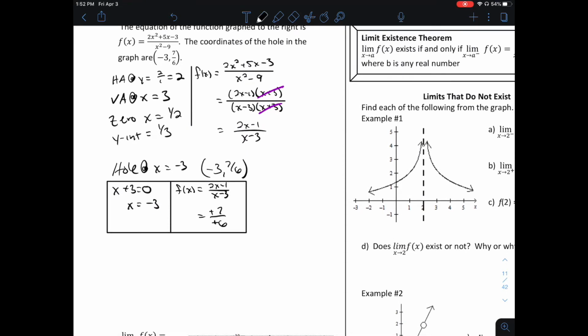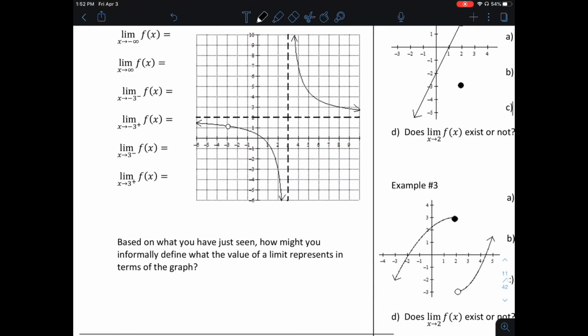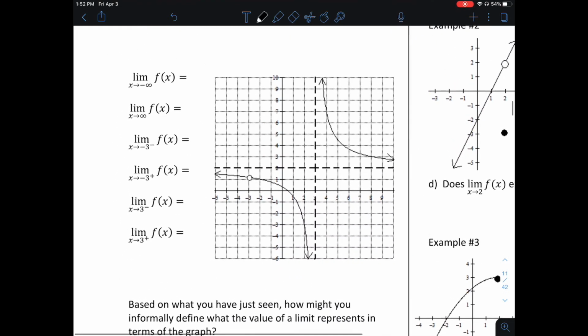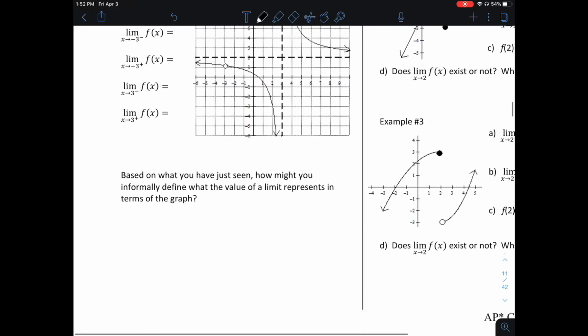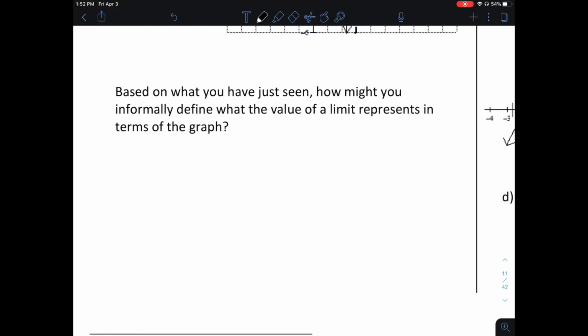Now when we get into limits, which we've discussed before, let's review what a limit is. This is saying to make a conjecture. I'll just tell you what it is, and then we'll look at the graph. So first of all, limit notation. The limit of a function as x approaches some number.